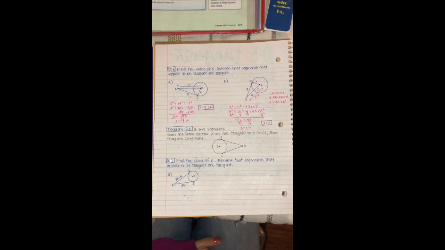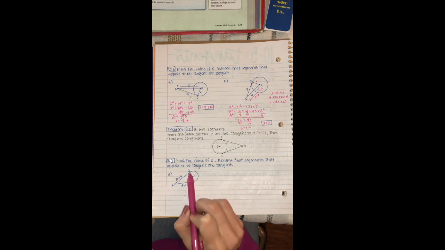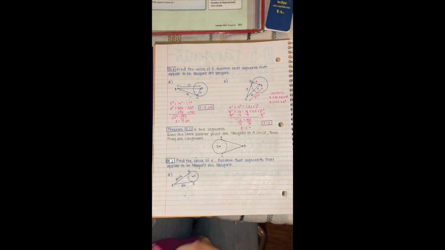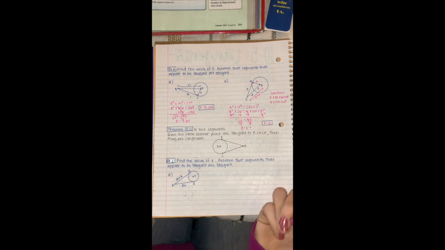For example 3, again, we're just finding the value of x, and we're told that it's okay to assume that segments that appear to be tangent are tangent. Again, it's telling us that so that we know that it's okay to assume it. So what we know from theorem 10.11 is that since both RQ and RS are tangent to the circle, as well as they share a point, that means that these two tangents are congruent. So we just set them equal to each other and solve.